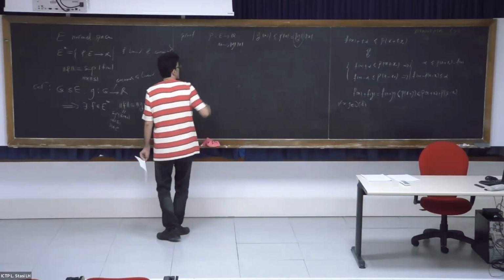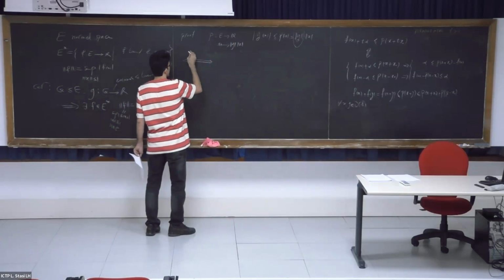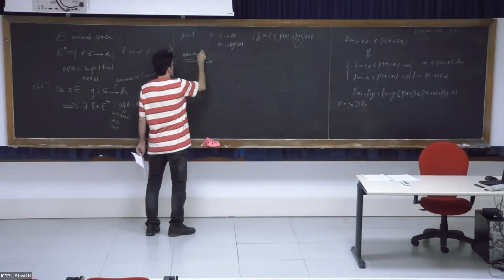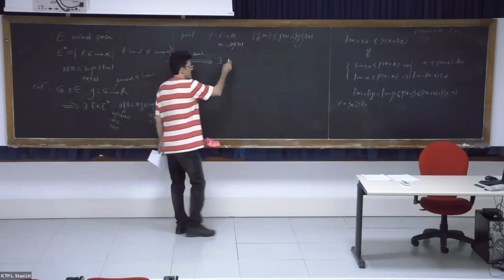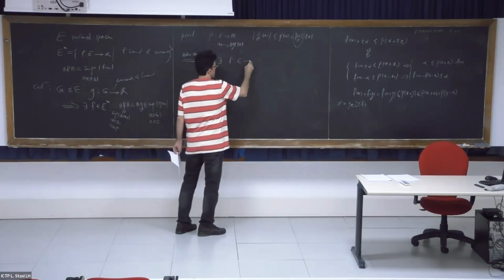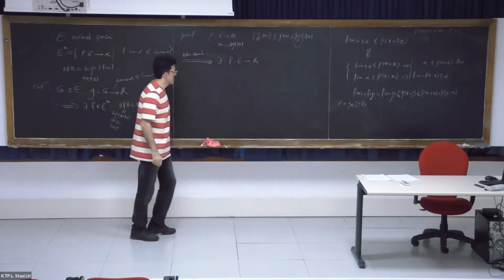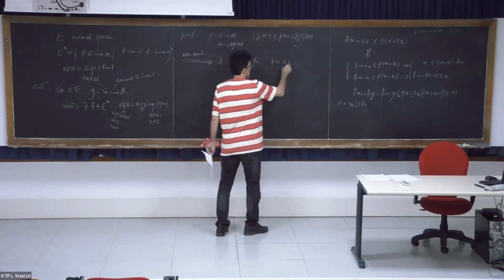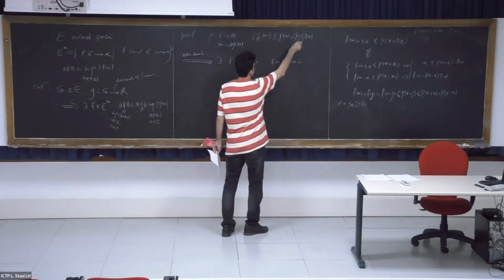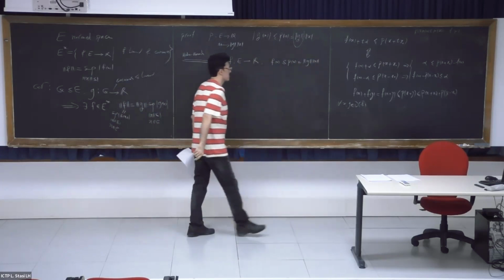So for F, by the Hahn-Banach theorem, there exists an extension F from all of E to R such that F of x is less than P of x, which is the norm of G times the norm of x.